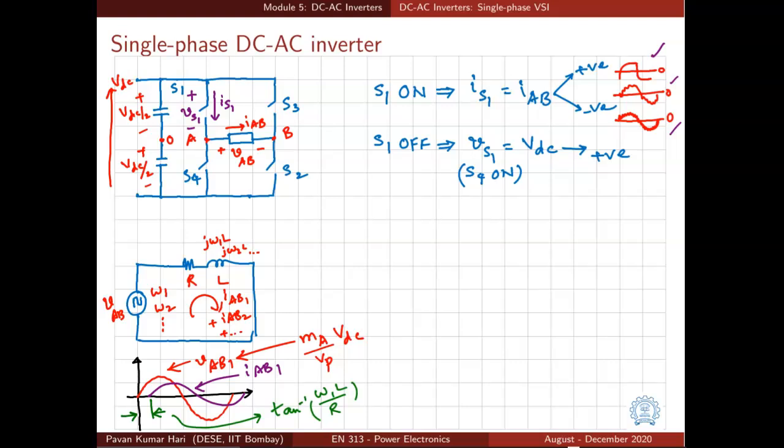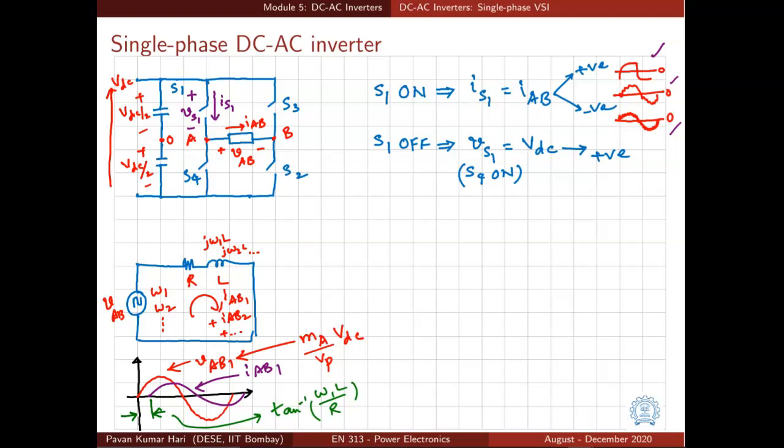And how does the current fundamental component look like? It will look like this purple colored waveform shown. It will be lagging VAB1. Why? Because it's an RL circuit, and the angle by which the fundamental component of IAB lags VAB1 is simply tan inverse omega 1 L by R.